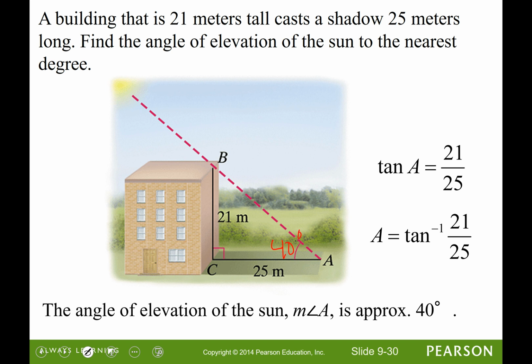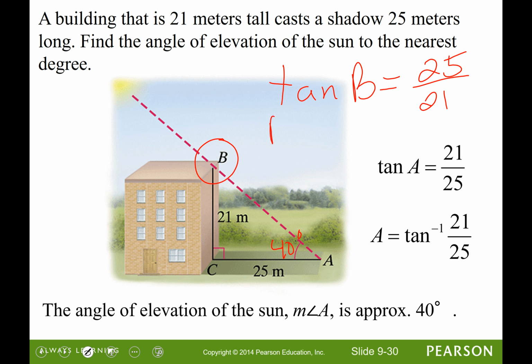The other equation you could have used takes one extra step, but if you went from angle B, that would have been tangent of angle B is equal to 25 over 21. You would do tangent inverse of both sides. You would have angle B equals tangent inverse 25 over 21.